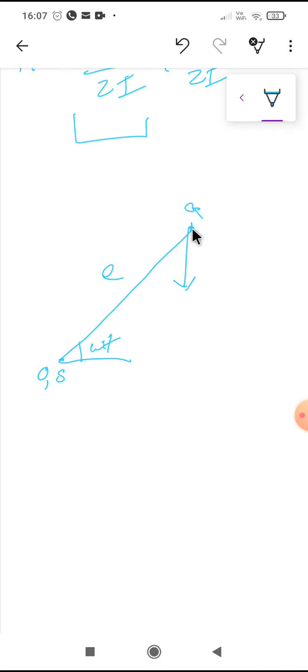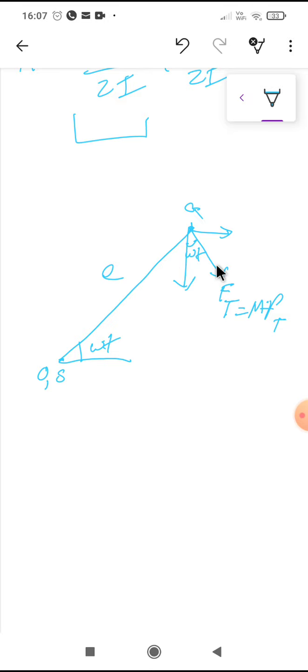Suppose this is 90 degrees, and this is at an angle omega t, and this is 90 degrees from this. This force is nothing but the tangential force Ft, which is equal to m into f of t. It is 90 degrees from this angle, so this is the tangential force.